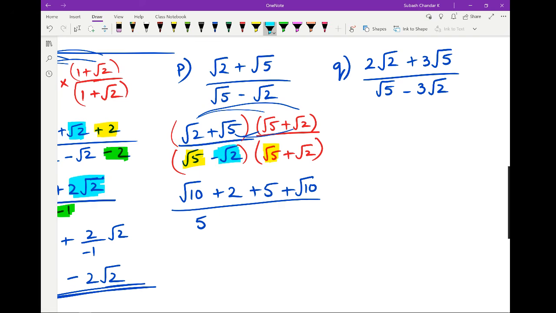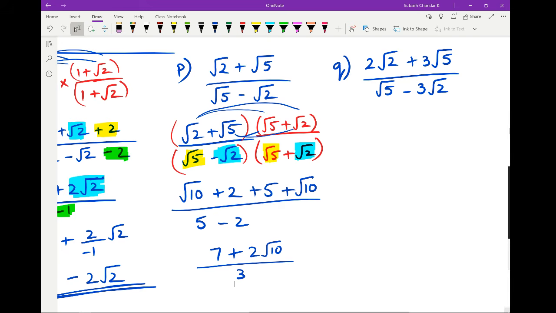And then you've got minus square root of 2 times positive square root of 2, which is minus 2. So simplifying this, 2 plus 5 is 7, so 7 plus 2 root 10, and the whole thing is over 3. We can't really do anything more for P, so we're just going to leave it as it is.